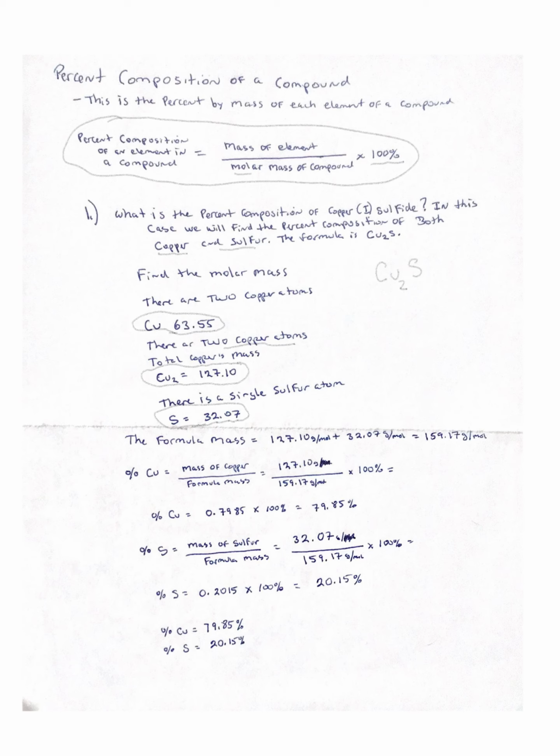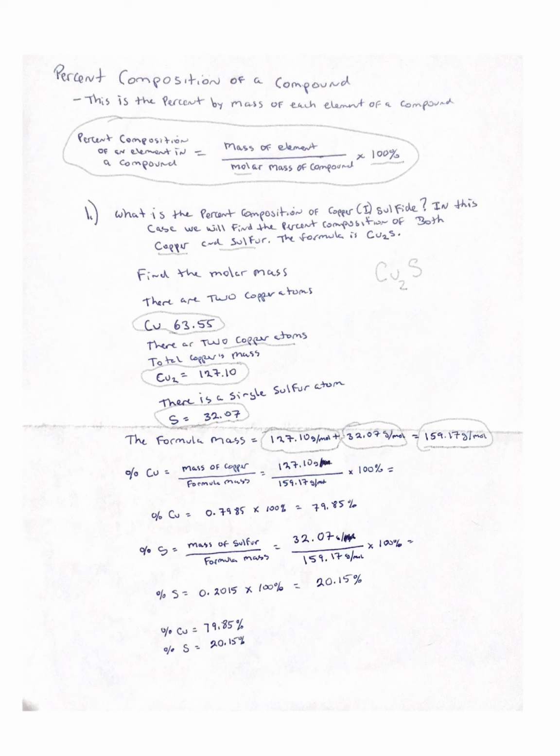Now what we need to do is add them together to get the formula mass, and this is going to be in grams per mole. So you have 127 grams per mole for the copper, and I'm going to add that to the 32.07 grams per mole for my sulfur, and it's going to be a total of 159.17 grams per mole. Now that I've determined the formula mass, I can divide into it the mass in my sample.